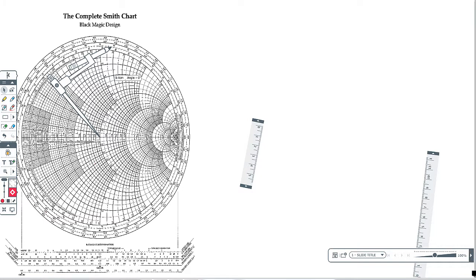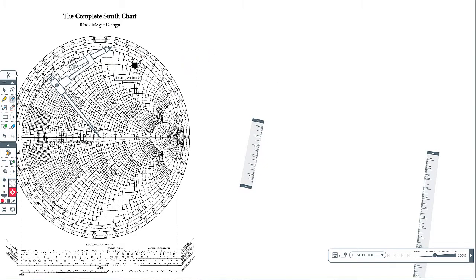Hi YouTube, now I am going to show you how to find input impedance when load impedance and length of transmission line are provided. So we have a Smith chart and we have to plot it in the Smith chart.